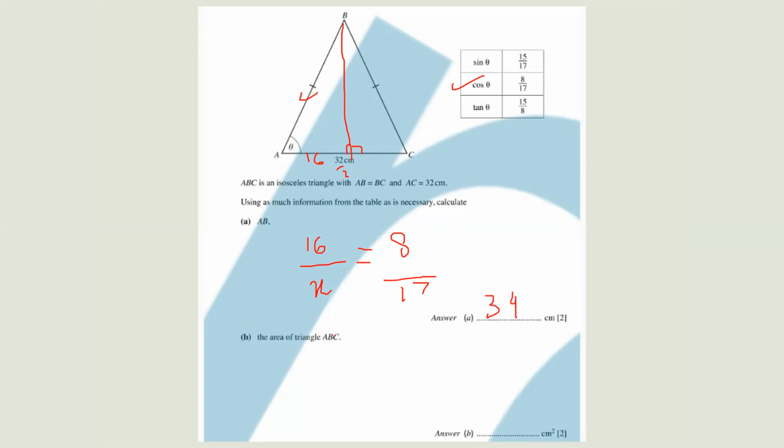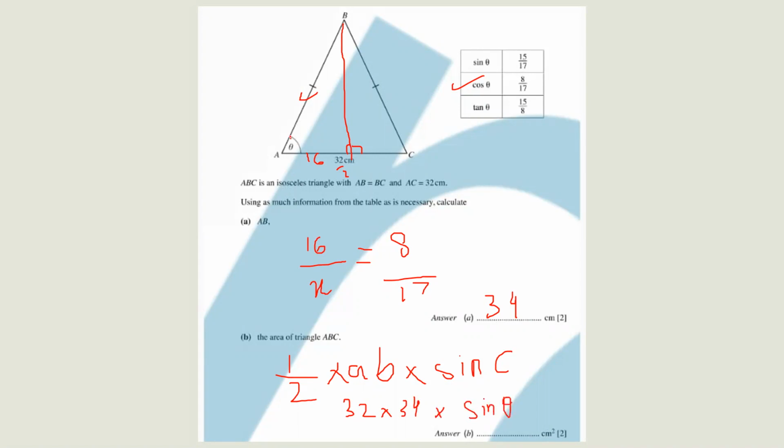When they ask you to find the area of the triangle, which formula will you use? Half into base into height? You can use it, but it's going to be too lengthy, and you need to remember not to add the half because you have to multiply it by 2 in the end. So you'll simply use half into AB into sine of C. And so half into 32 into 34, which are two of my lengths, into sine of theta.